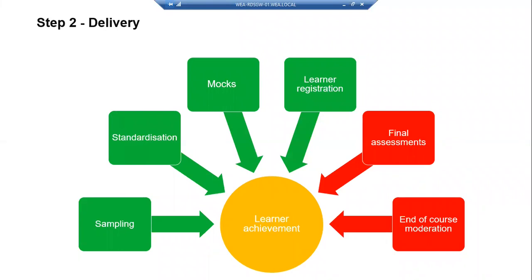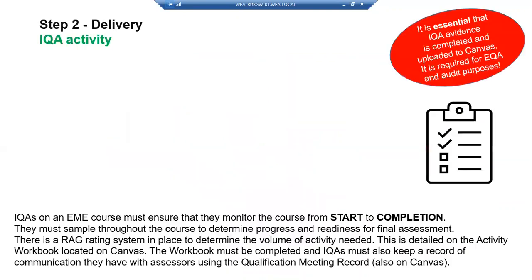We're going to cover all of the areas, but the ones in red are in step 3, which is all around achievement. So we're going to talk about sampling, standardization, mocks, and learner registration. Now, some of this is going to be very skewed towards accreditation, so obviously be thinking as well about non-accredited.